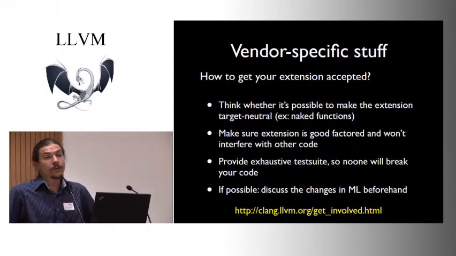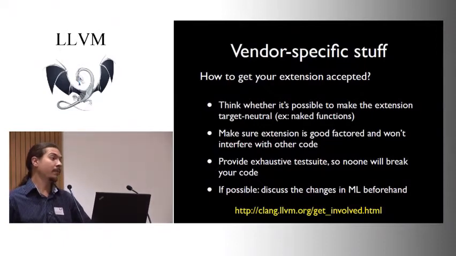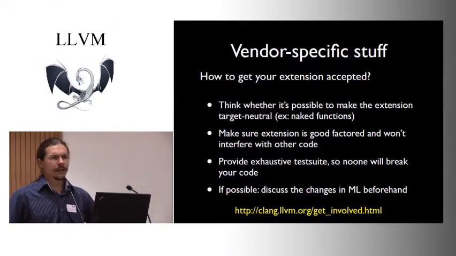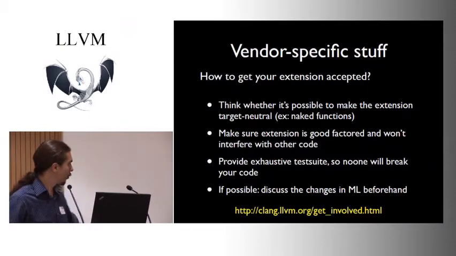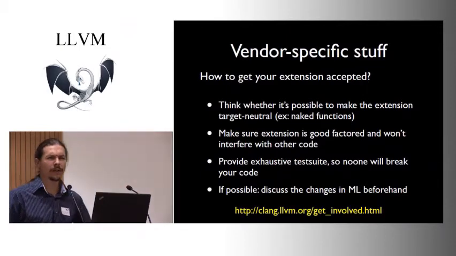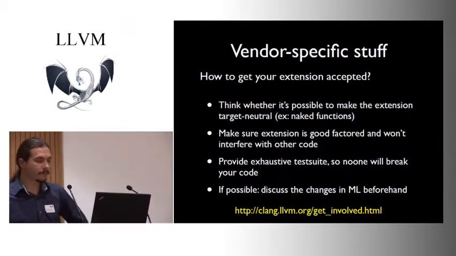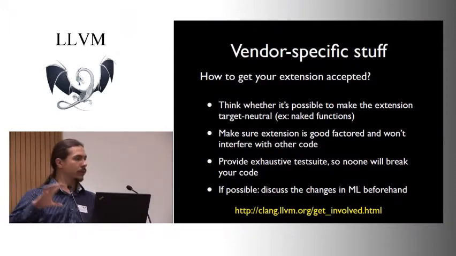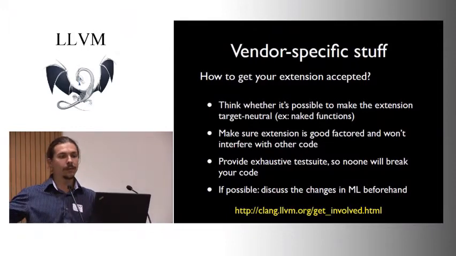And also, if possible, one should discuss the changes in the mailing list beforehand. Recently, the rules for extension submission for Clang at least were more or less specified explicitly. So if you go to that link, you'll see the precise rules for how one should proceed if one wants to add some vendor-specific extensions.